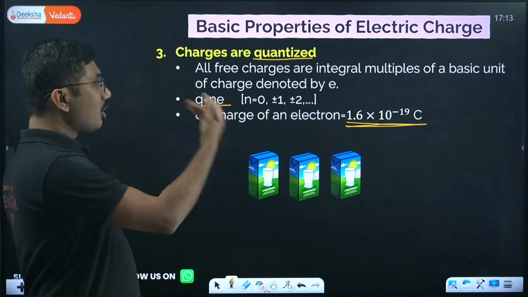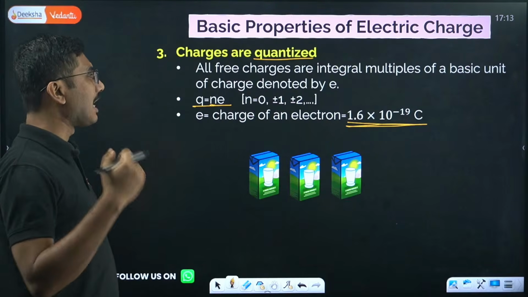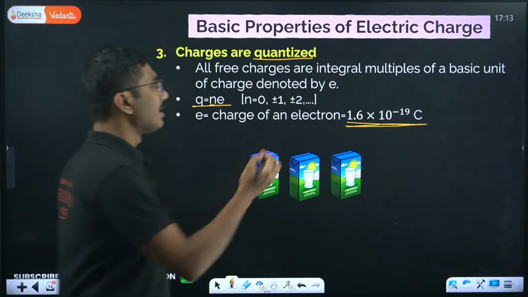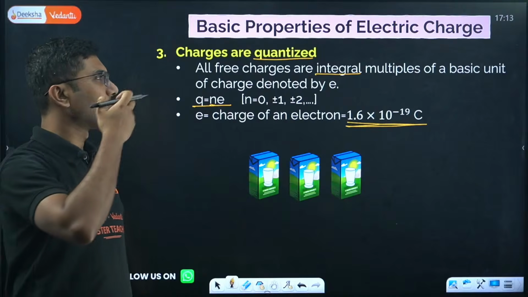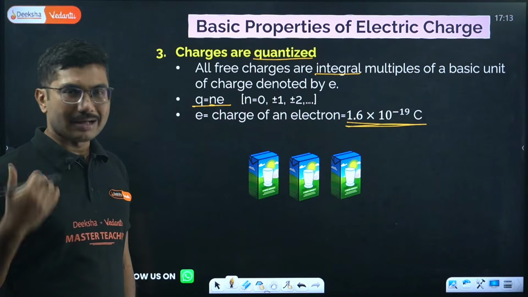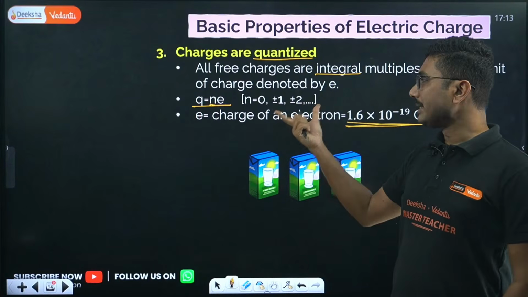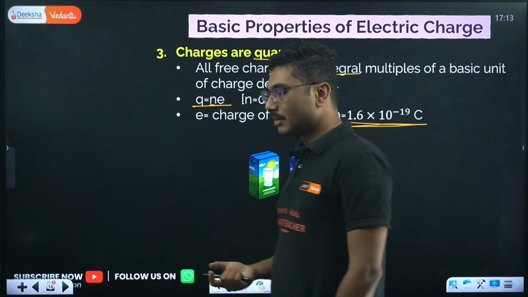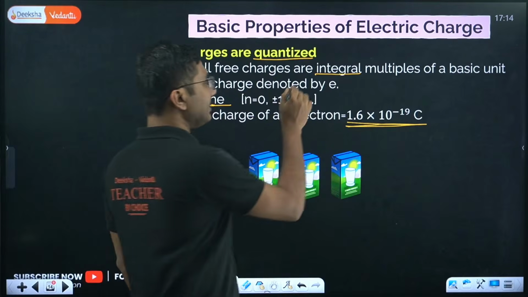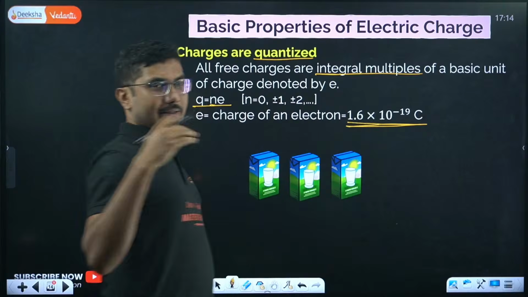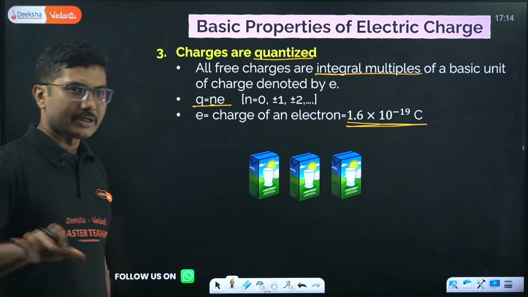So all free charges are integral multiples of a basic charge denoted by small e. Integral multiple means basically the multiplicative factor is an integer: 1, 2, 3, 4, 0. 0 is also an integer, by the way.